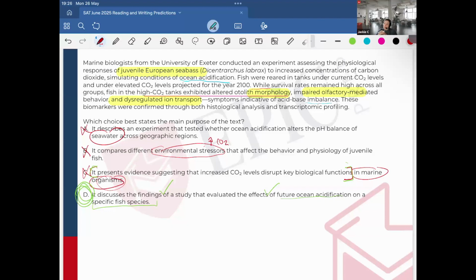And you always want to choose the one that matches 100% the who, what, and why of the passage. Even if it's 3/4 true, doesn't matter. It has to be 100% true. And therefore, D is our winner.